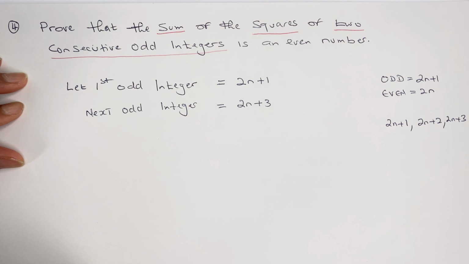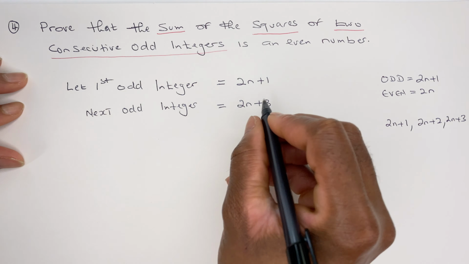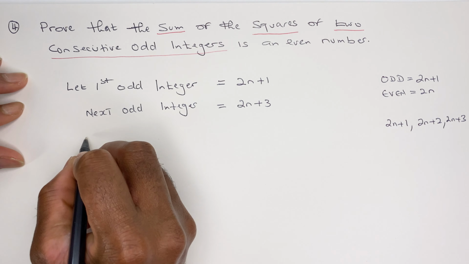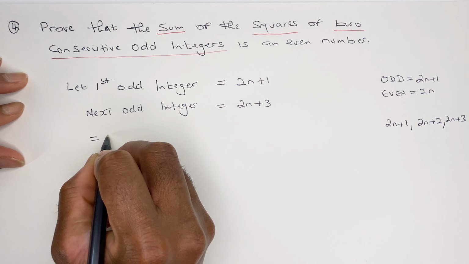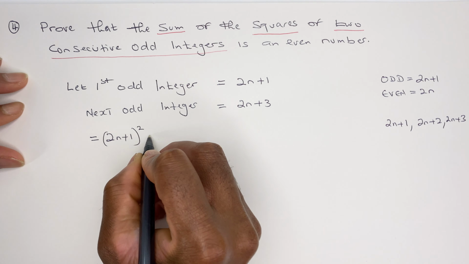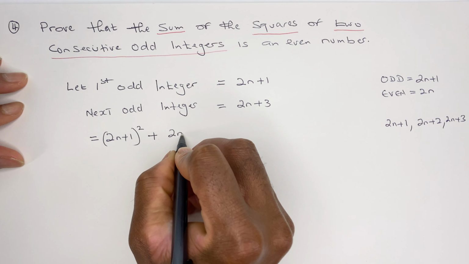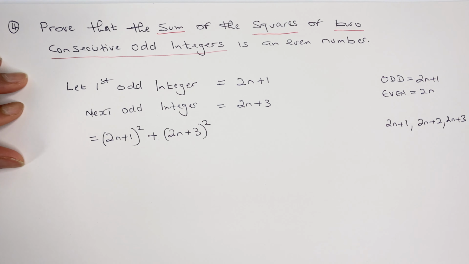So now if we sum the squares, that meant that we will get a square of each one of those, and we sum them together. So that will become 2n plus 1 squared plus 2n plus 3 squared.